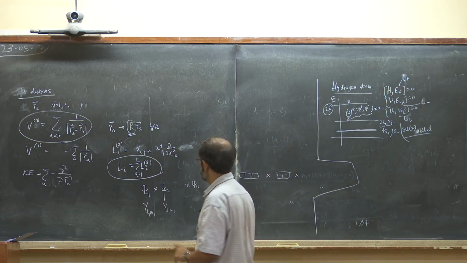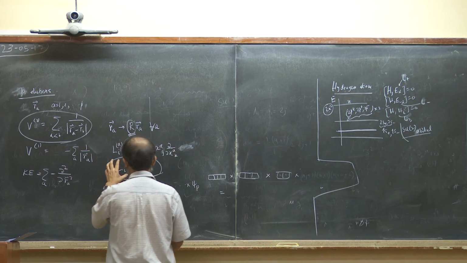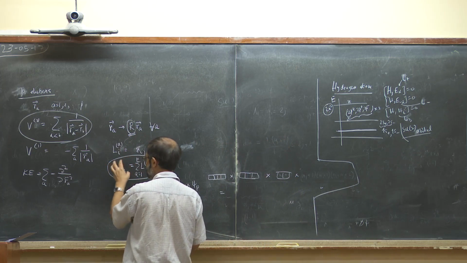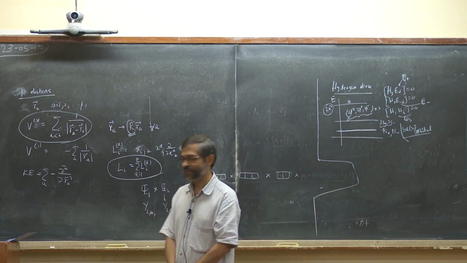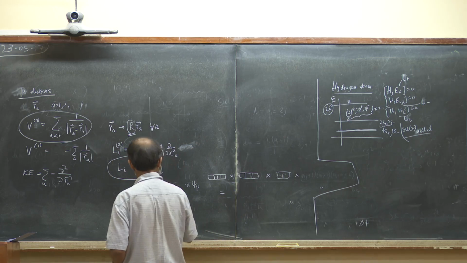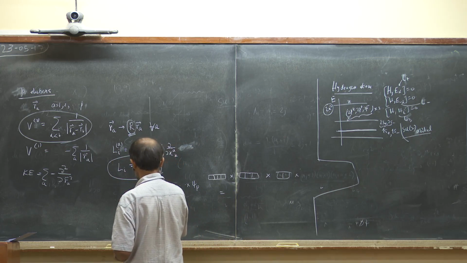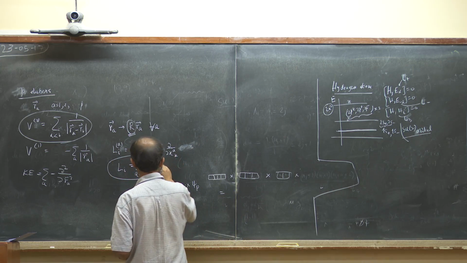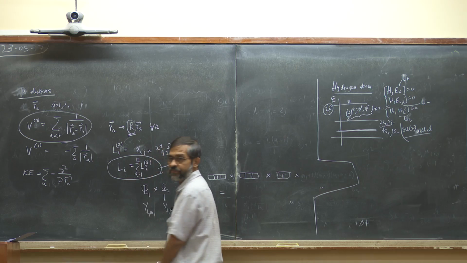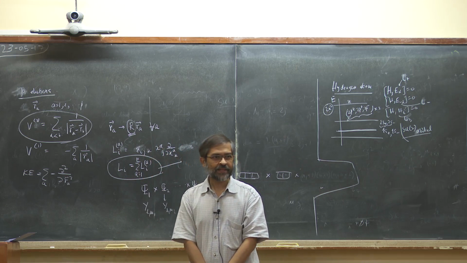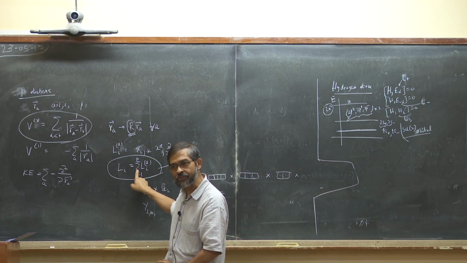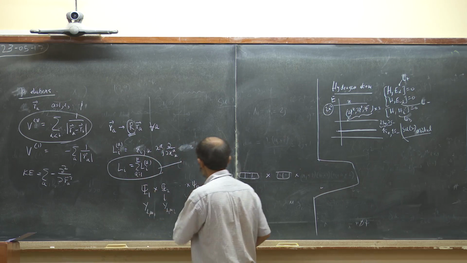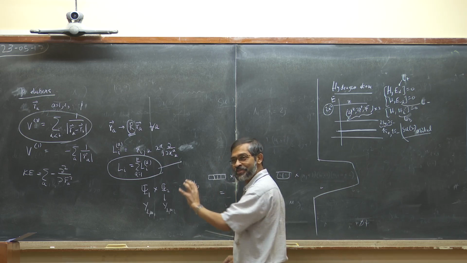The point I wanted to make is that this is what we have called the angular momentum, and L_i acting on these objects. This sum is really like the Leibniz rule.